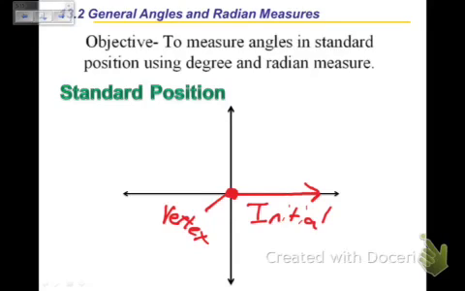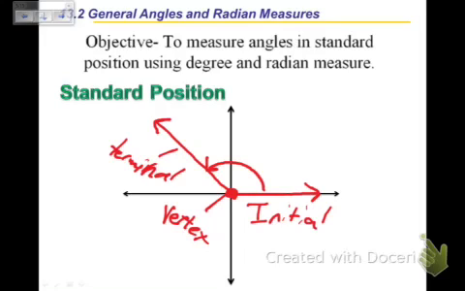If the angle goes up from there, we go in a positive direction, and wherever that angle ends, we call that the terminal side. That's where it ends, the terminal side. Not the best handwriting today, but this is what we got. Terminal side.